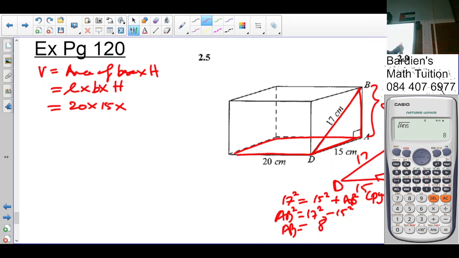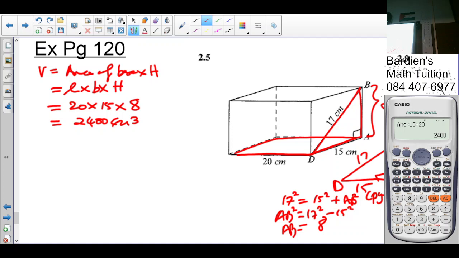So that perpendicular height is 8. So I'm multiplying it by. So it's 8 times 15 times 20 which gives you 2400 units, or in this case centimeters cubed.